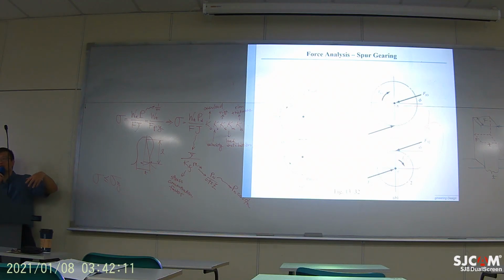Once you know, you will focus on one particular tooth, and that tooth will be carrying some stress due to the force coming from the other side of the gear. We only worry about the transverse component of the force because that will bend your tooth. So your tooth could fail.